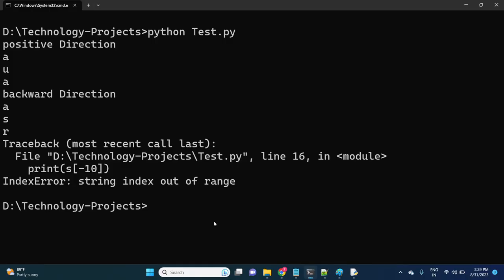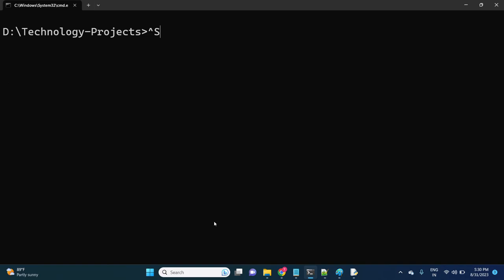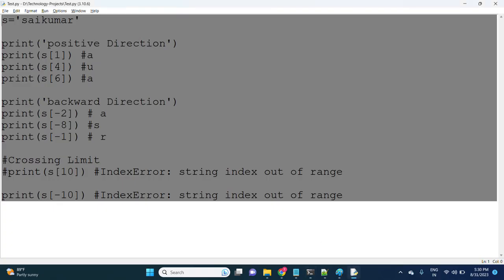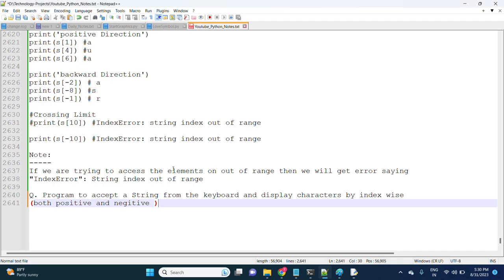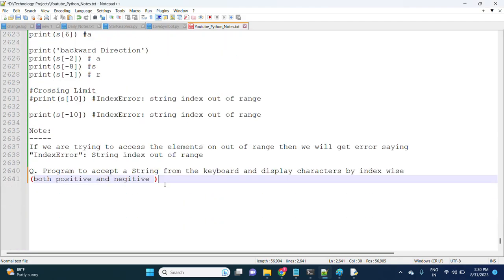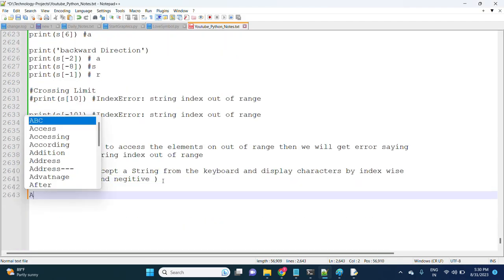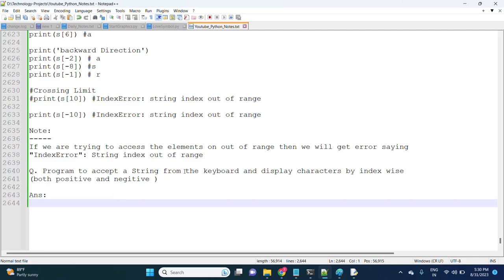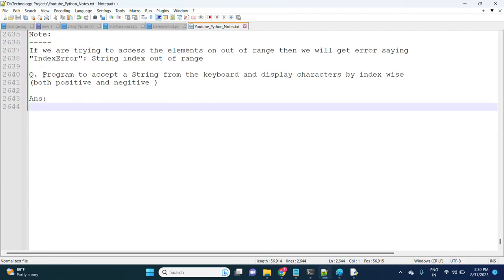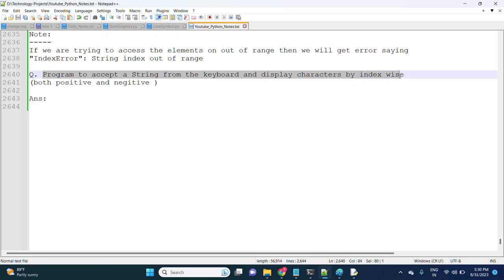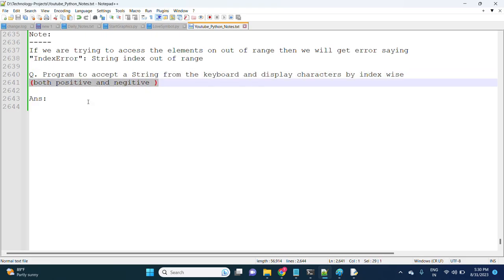So now I'm writing the program for that. This is our requirement: program to accept a string from the keyboard and display characters index-wise. That means it should display both positive and negative.